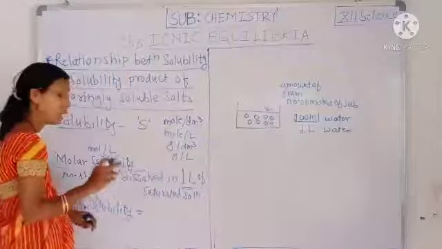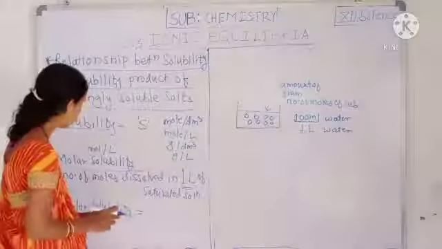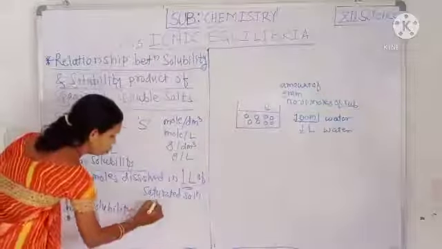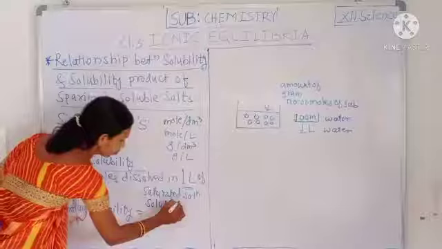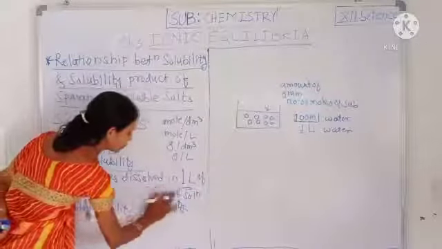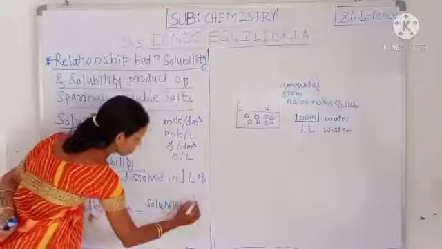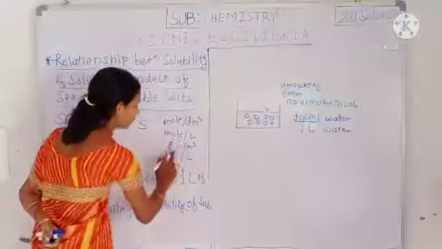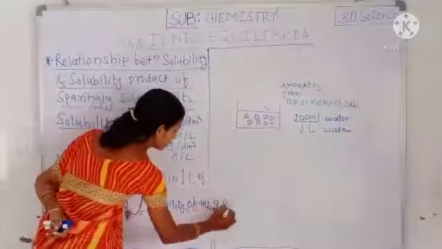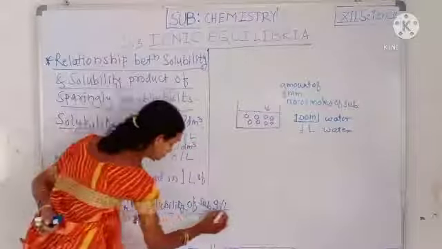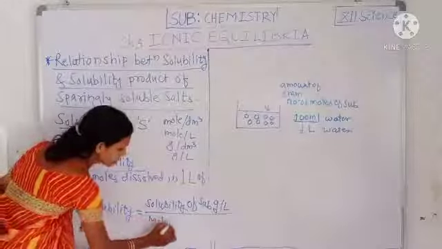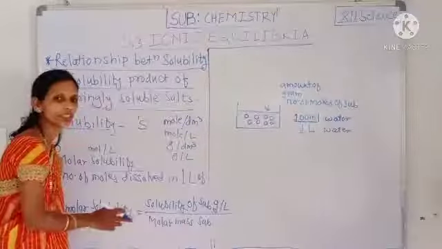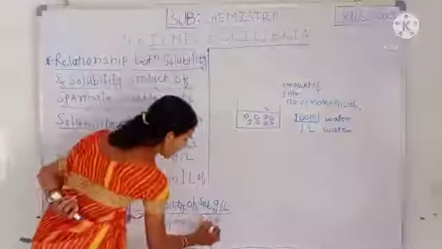It is calculated as the solubility of that substance in gram per liter, upon the molar mass of that substance, measured in gram per mole.